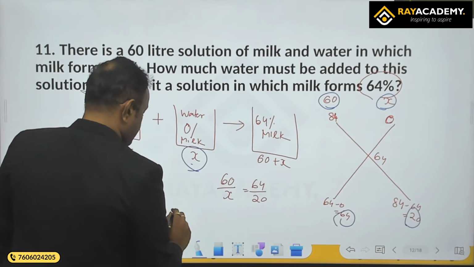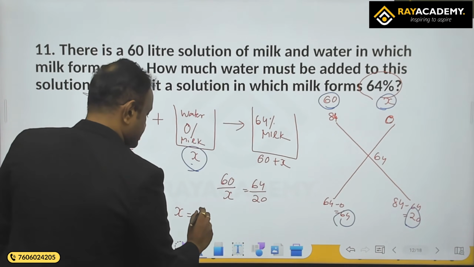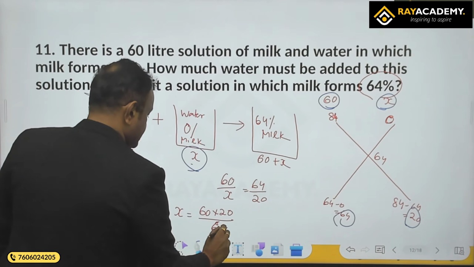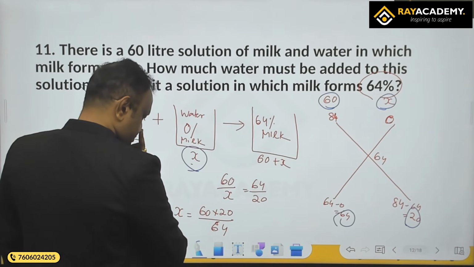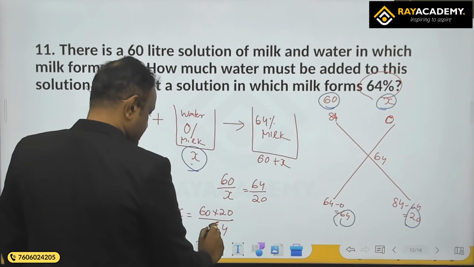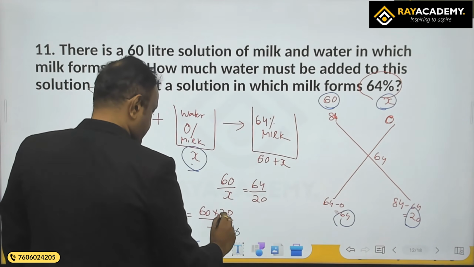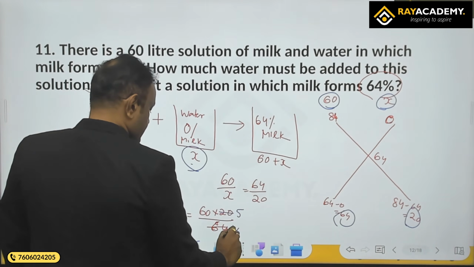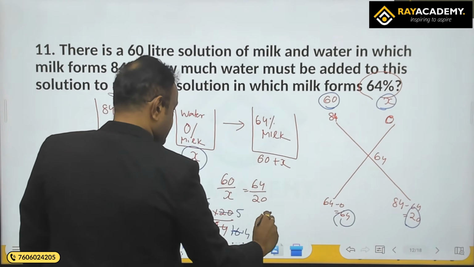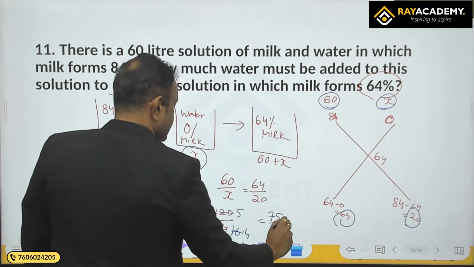Now calculate: x equals 60 multiplied by 20 divided by 64. If you calculate, it is something around 75 by 4 liters. What is 75 by 4?